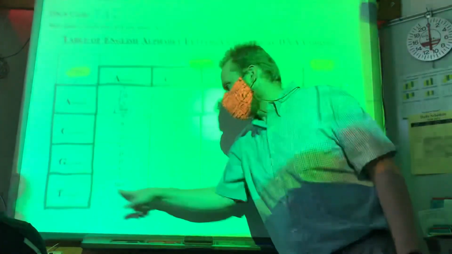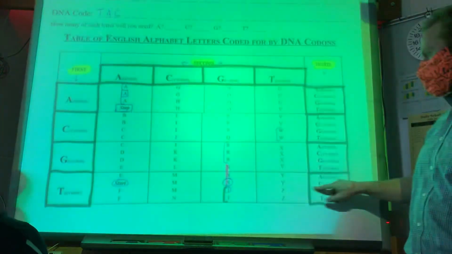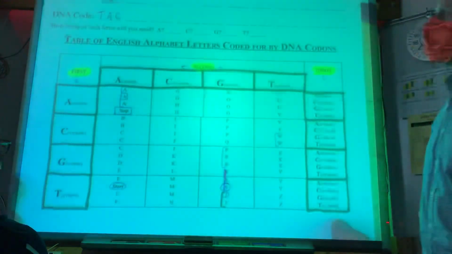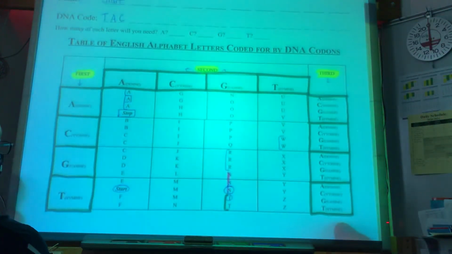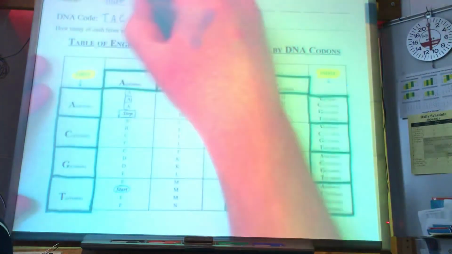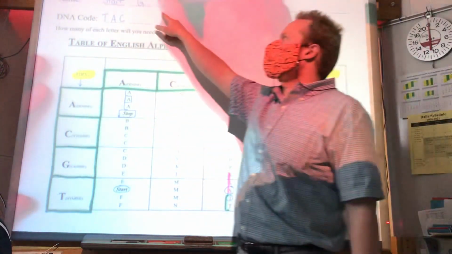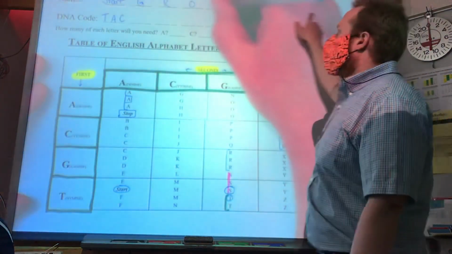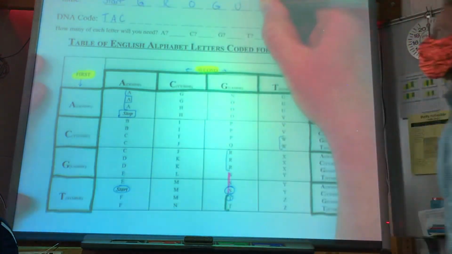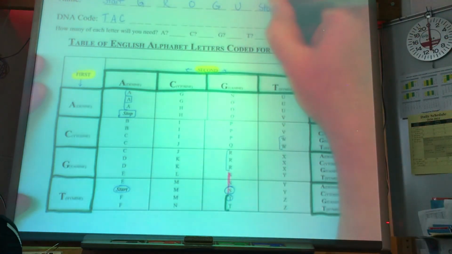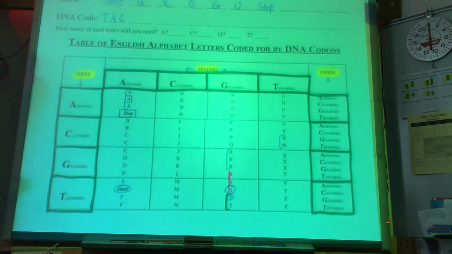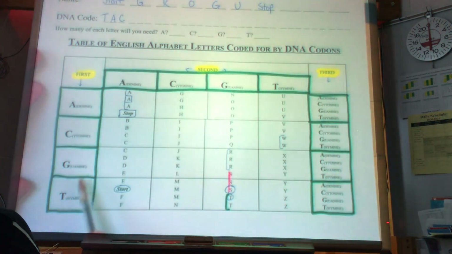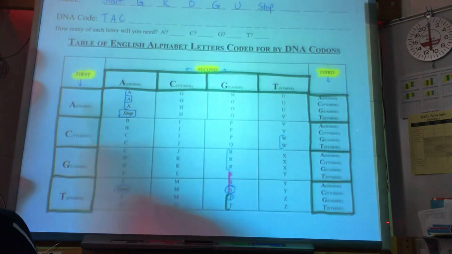T, A, C is my start codon. Then insert your name. Each one of these blanks on this chart represents a letter of your name. Then how do we know when to stop spelling your name? You put a stop at the end.